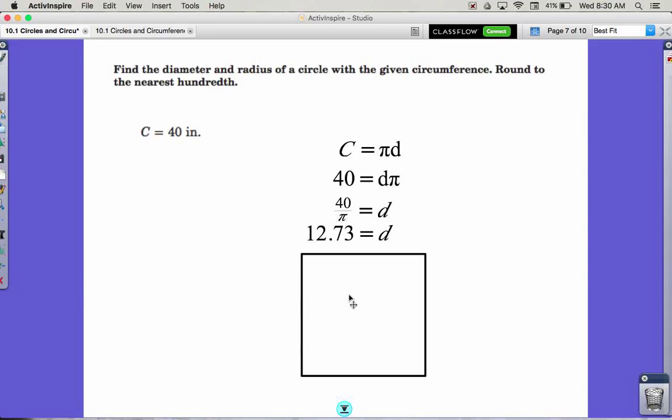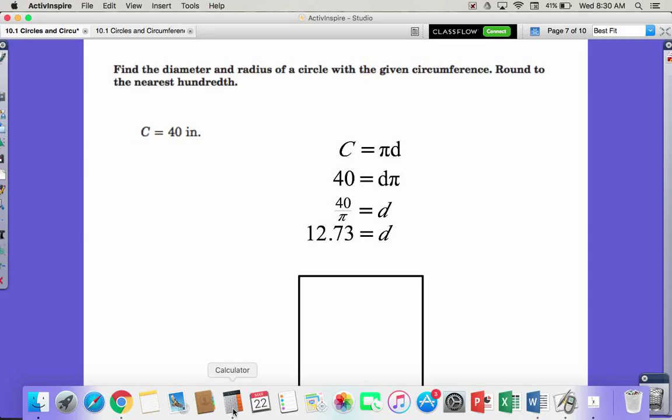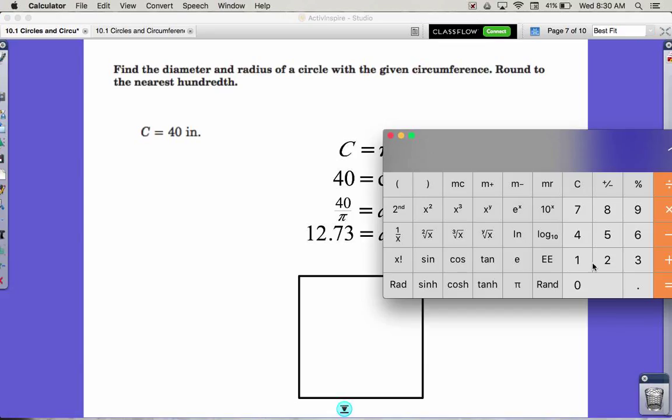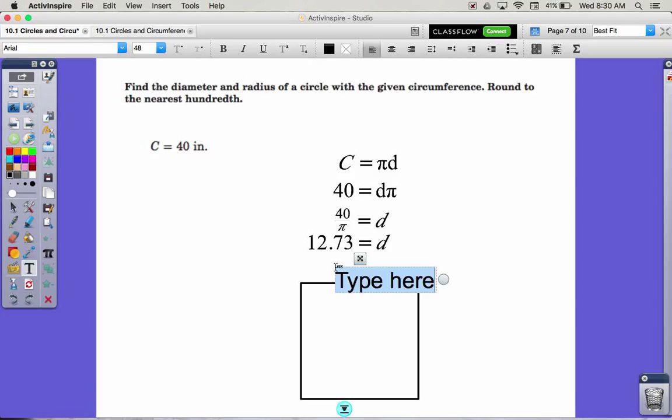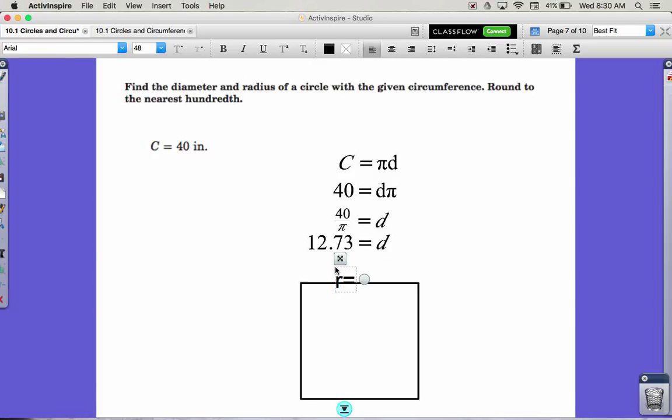And then in order to get our radius, we'll need to take that number, 12.73, and divide it by 2. So our radius will be 6.37. So r is going to equal 6.37.